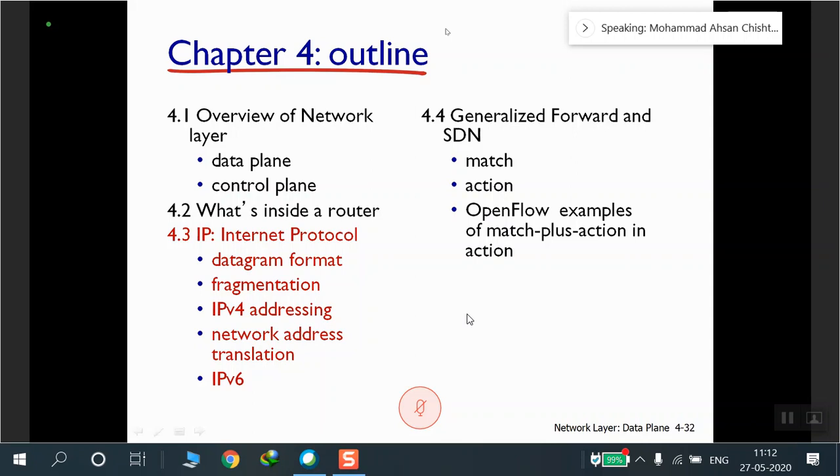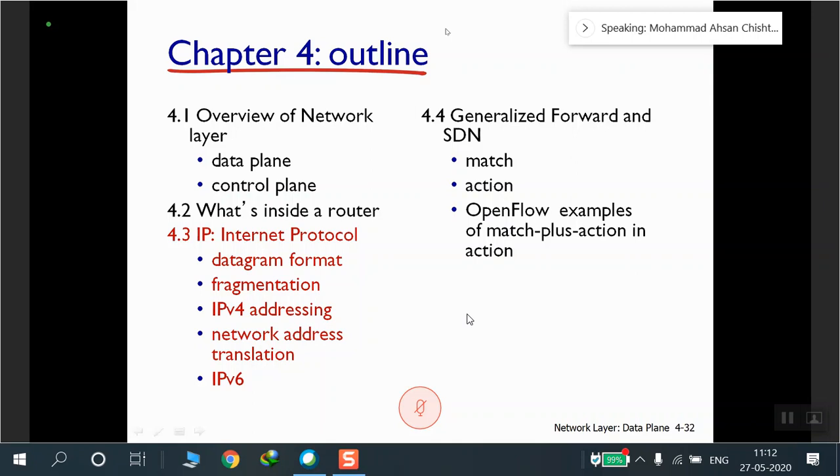This is the logical addressing. We had physical addressing in the data link layer. The logical addressing here means the IP addresses. We have path determination, forwarding, routing, as well as reporting the delivery errors.